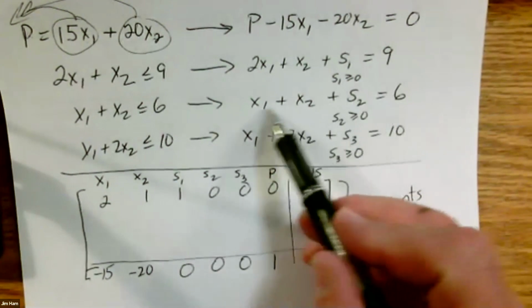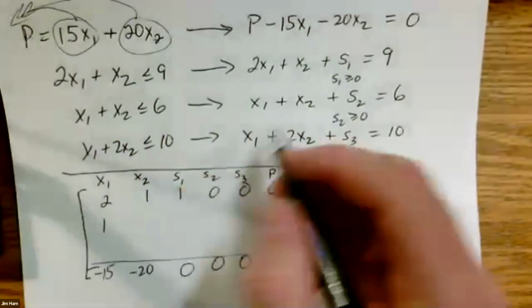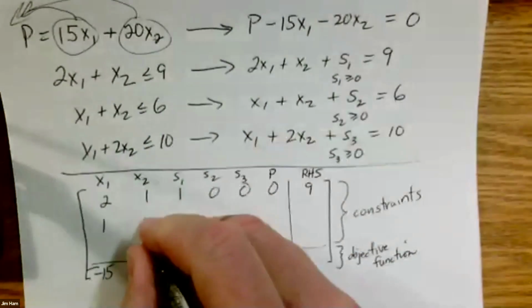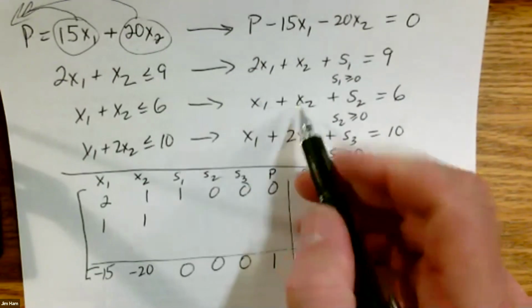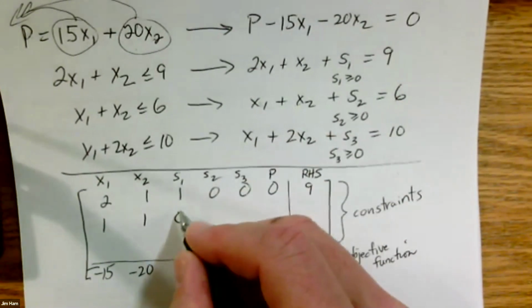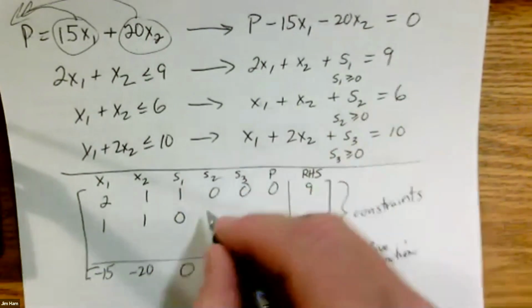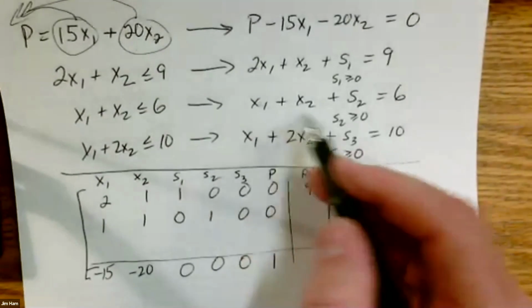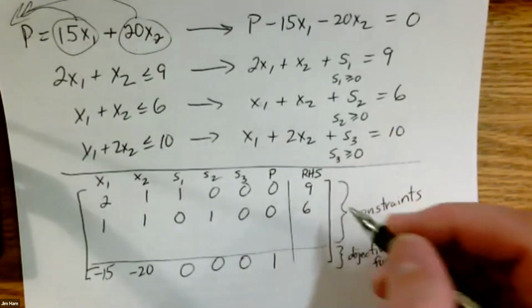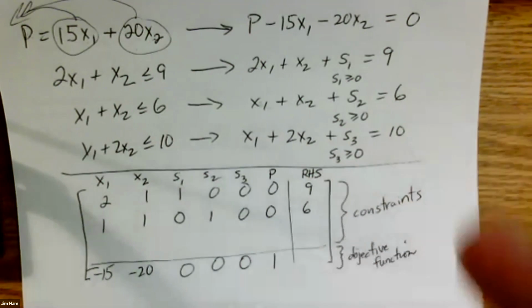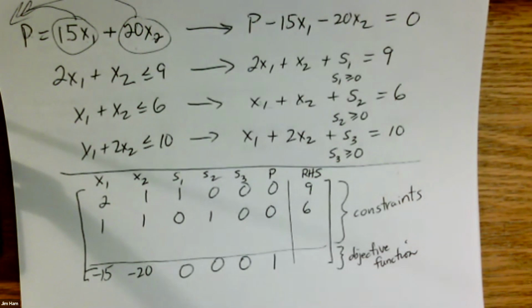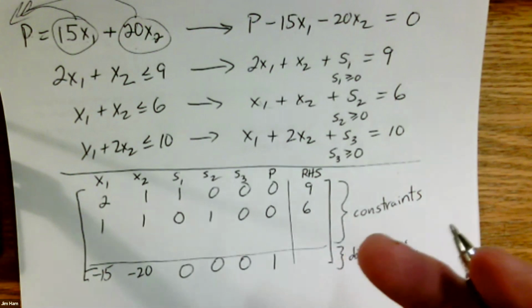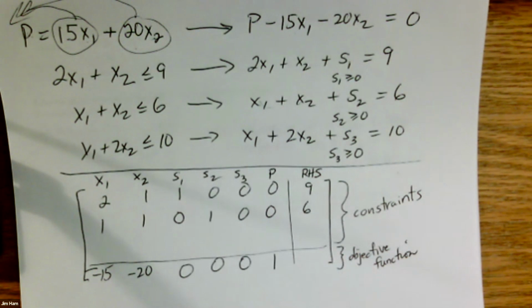All right, the second slack equation is 1x1 plus 1x2. There is no s1 there, but we do have an s2. There's no s3, there's no p, and then the right-hand side is 6. So we're just taking the coefficients from the system and entering them into a matrix called a tableau.